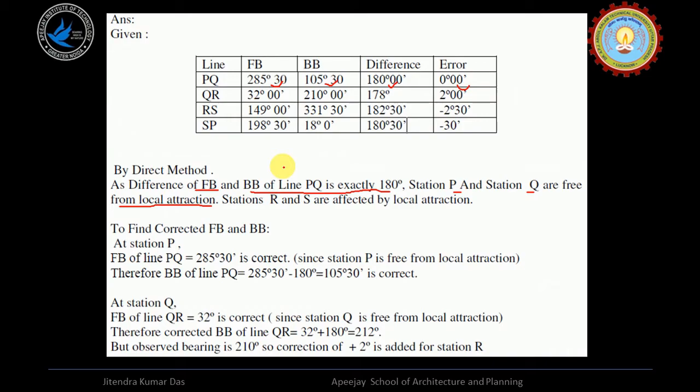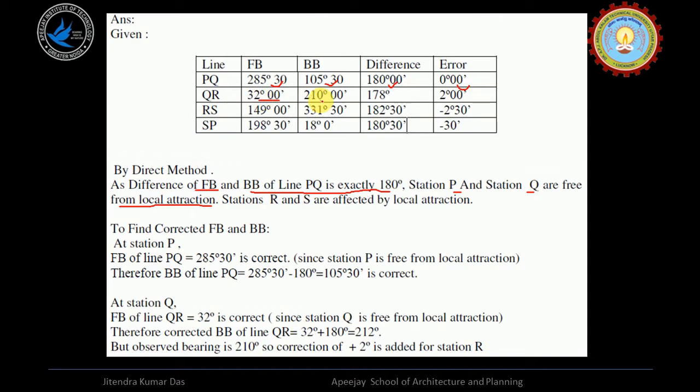It means the law is correct. So at both points there is no local attraction existing. So in that situation, P and Q are free from local attraction.